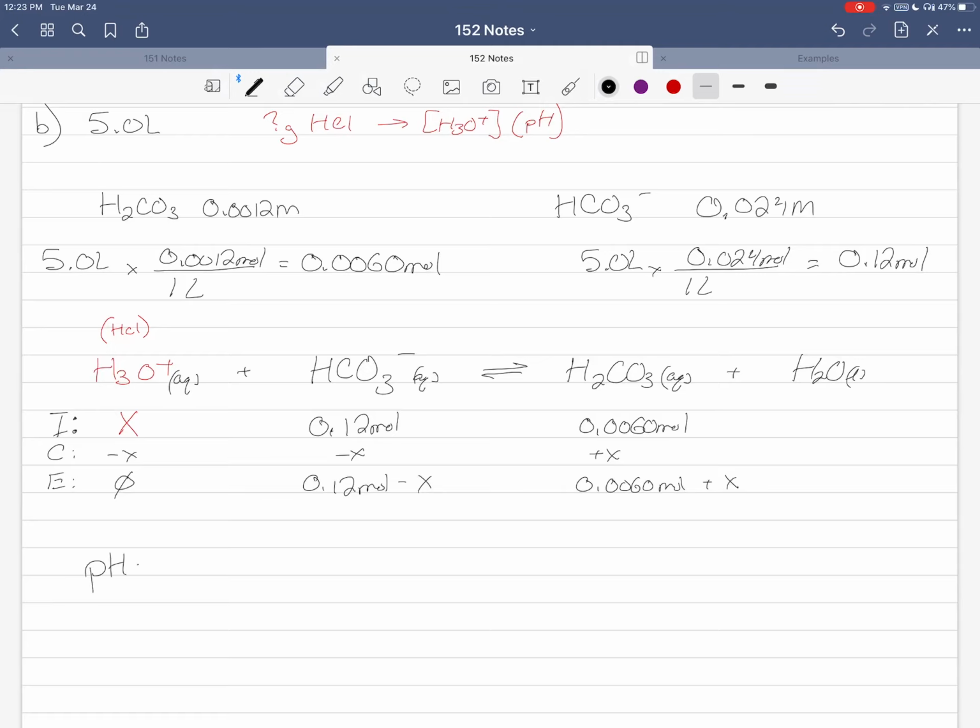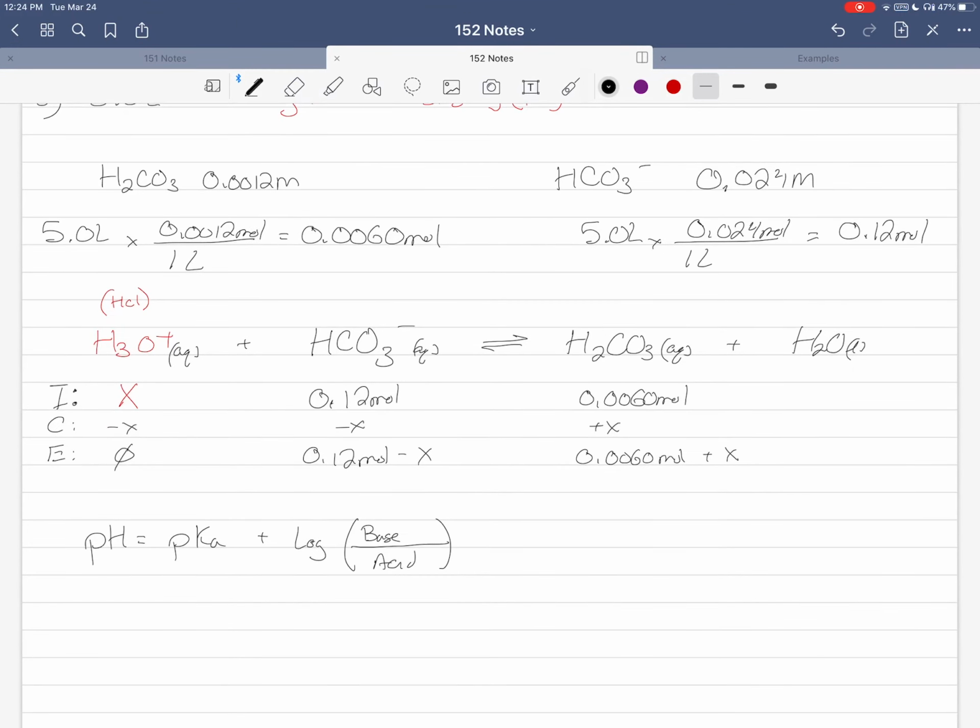So pH equals pKa plus the log of base over acid. So the pH was 7.0. The pKa was 6.1 plus the log of base, 0.12 minus X, over acid, 0.0060 plus X. And that's what we're looking for, this X right down here.